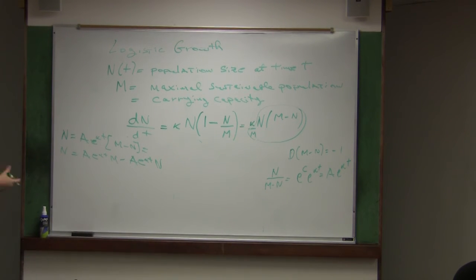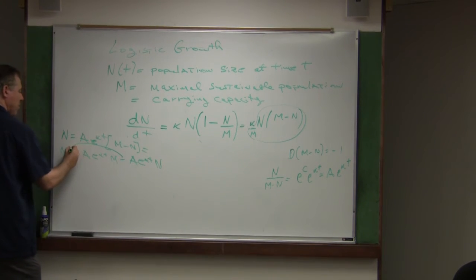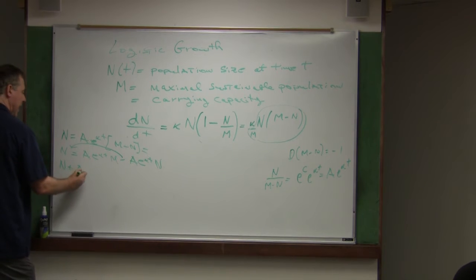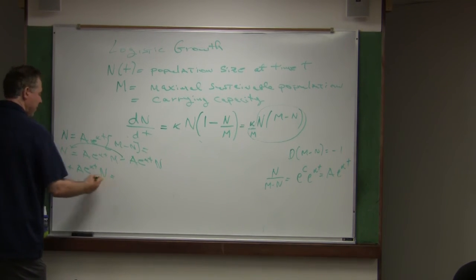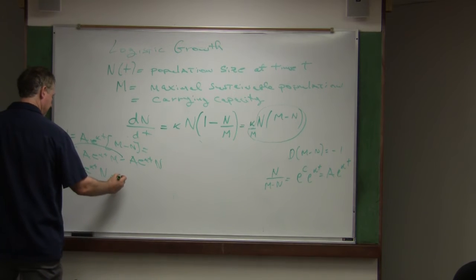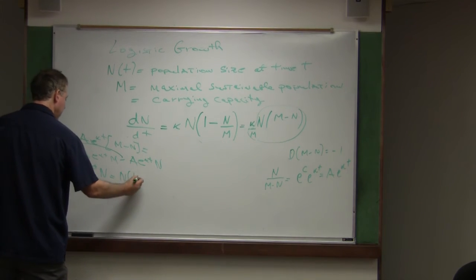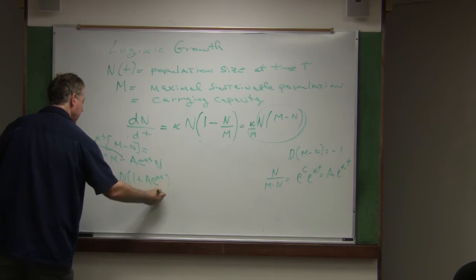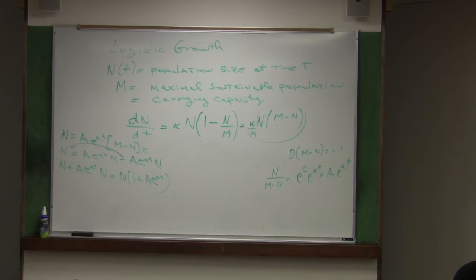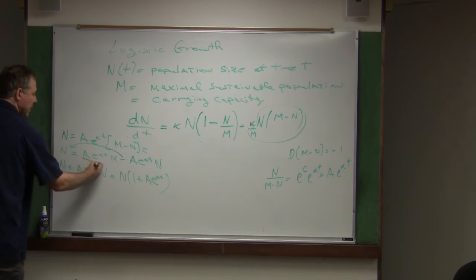Okay, well I want to get the n's all on one side. Yeah, so I'm going to add this over and move it over here. So I'm going to get n plus a e to the kt n, which I can factor, has n times 1 plus a e to the kt, and that's going to be equal to this.